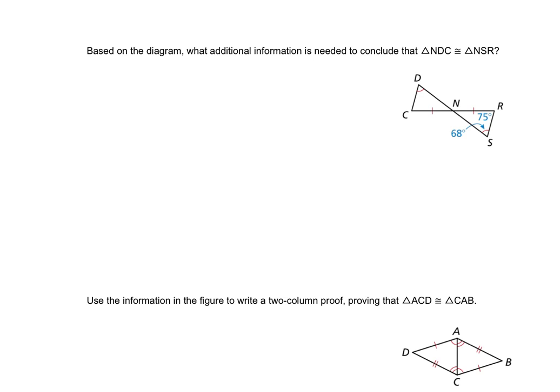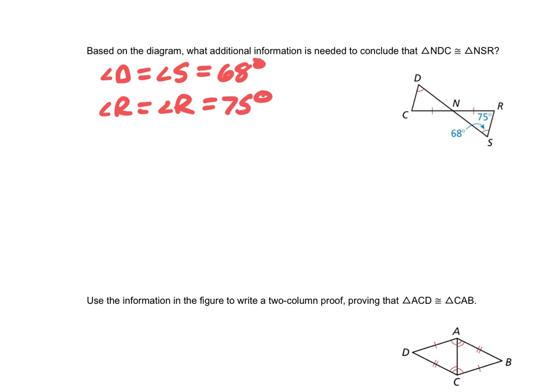And what we just talked about, we know that angle D is equal to angle S, which is equal to 68. We know that angle C is equal to angle R, which is equal to 75. Okay, and then we know that the two angle Ns are congruent.